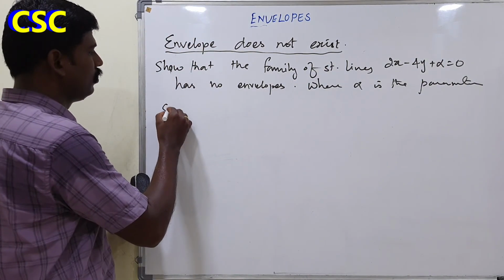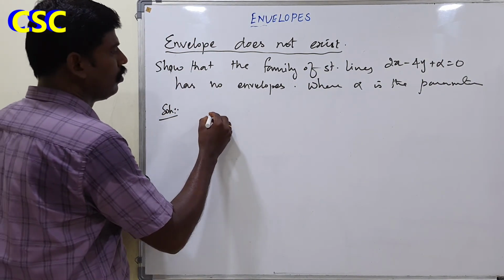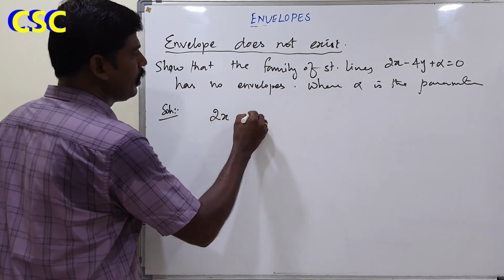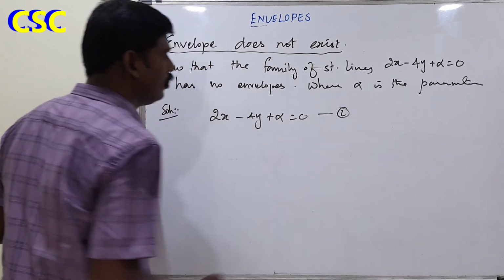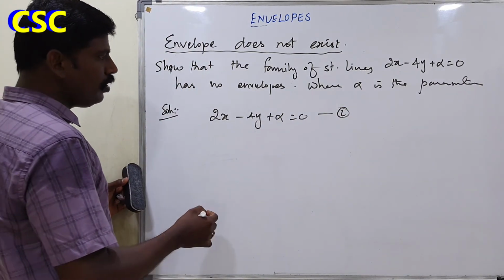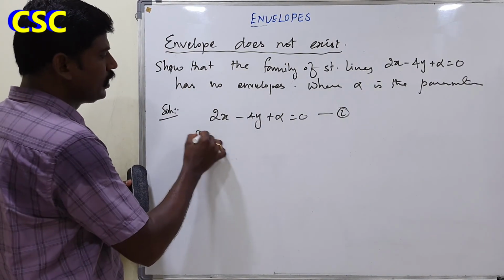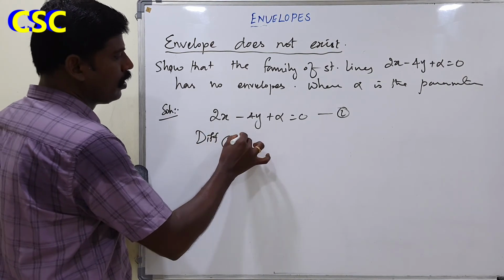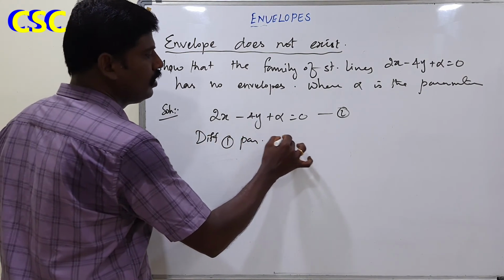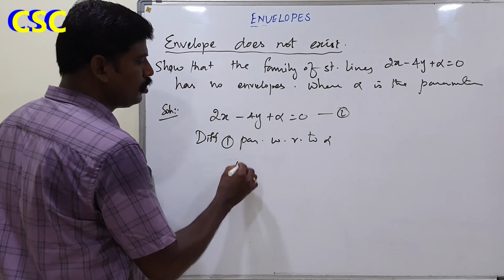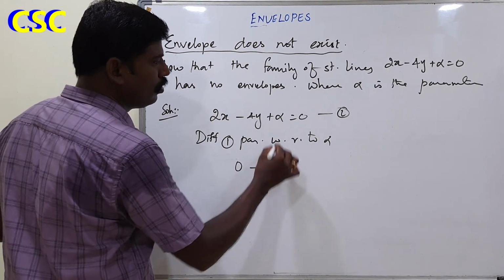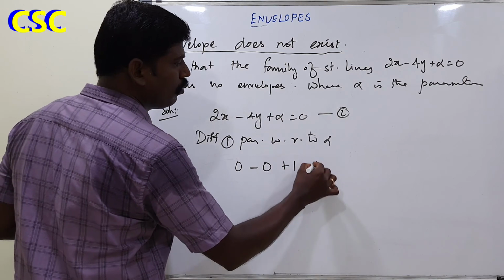Okay, solution. What is the given equation? 2x minus 4y plus alpha equal to 0, isn't it? Call it equation number 1. Right? Now, I am going to differentiate 1 partially with respect to alpha. What you will get? This becomes 0, this becomes 0, and alpha becomes 1 equal to 0.